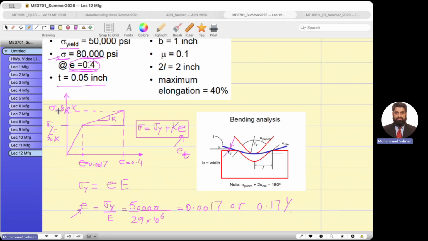Rise is how much? 80,000 minus 50,000, and run is 0.4 minus 0.0017. You agree with your professor? How much do you get?